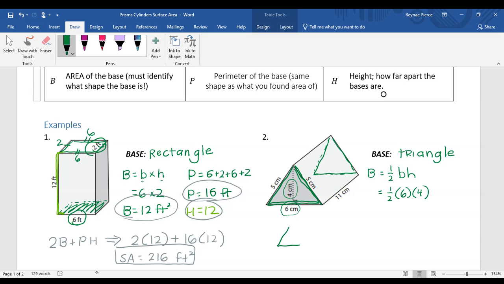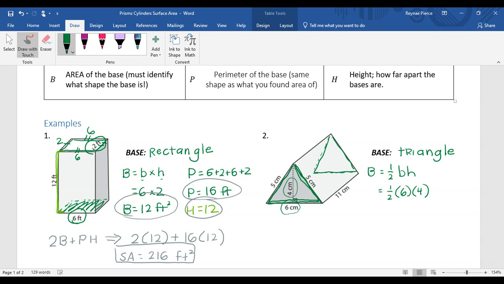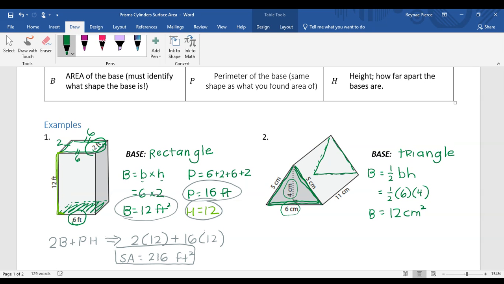Okay, just like if I gave you a triangle with 4, 6, 5, and 5, just looking at that two-dimensional shape, the 5s are not helpful for the area of the base, okay? But 1/2 times 6 times 4 tells me that the area of my base of my triangle is, coincidentally, 12 again, okay?